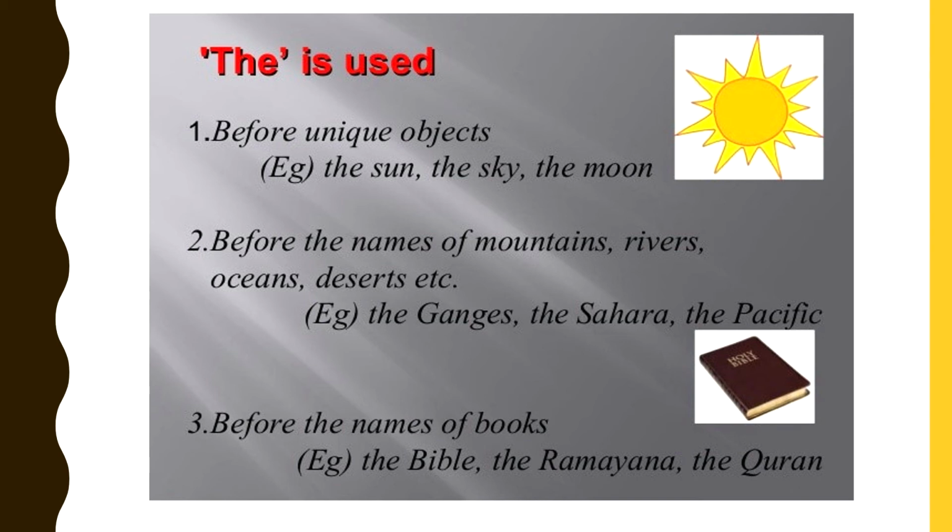And so we are using the article the. Similarly, before the names of books, the Bible, the Ramayana, the Quran, we are using the article the. Let us see some more rules about the usage of article the.